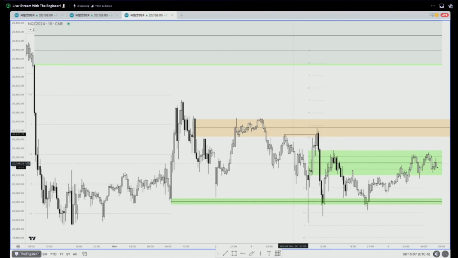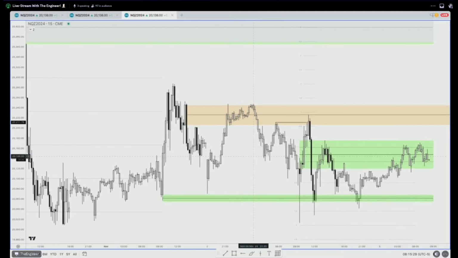So I don't trust any PD array that was formed during the electronic trading hours or overnight hours, basically. But what I want is to be able to see if I have a buy side liquidity or a sell side liquidity, or what the traders were doing during the time window.